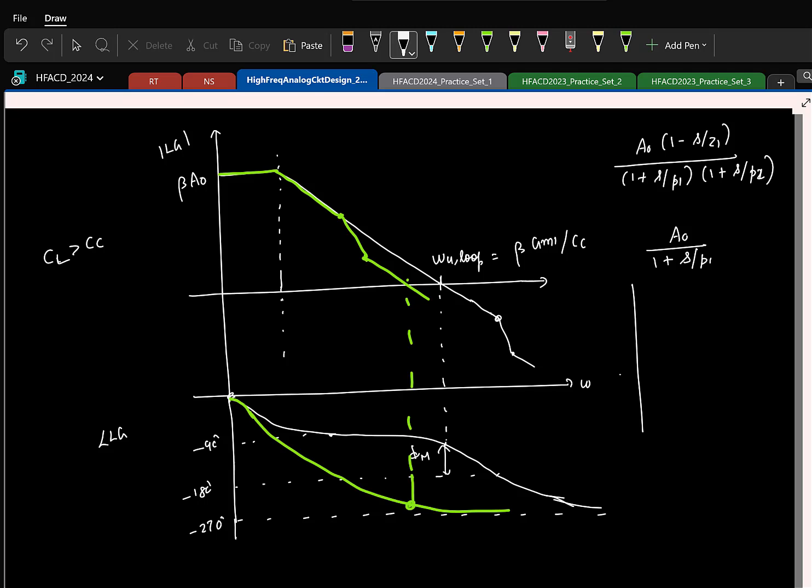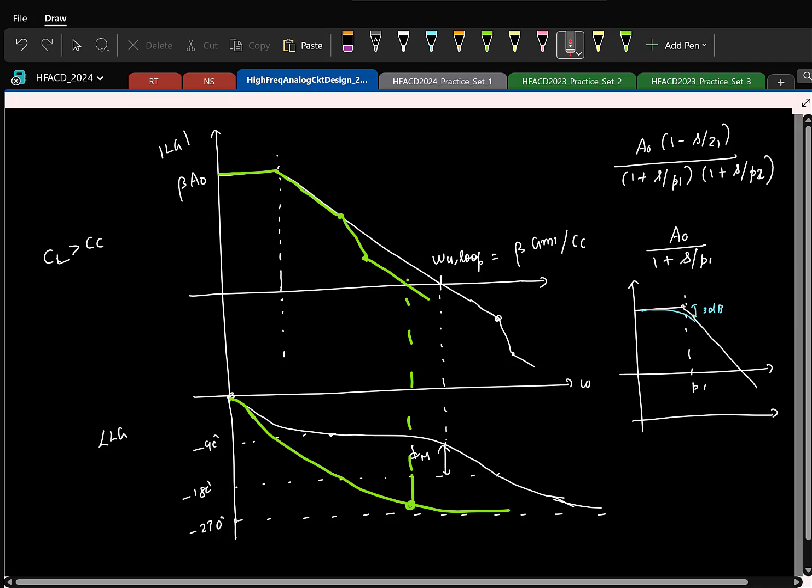If I sketch the magnitude plot for this, in the Bode approximation, we'll have this and then do this. Right? I mean, if you sketch the actual frequency response, we'll have a 3 dB drop around the pole frequency, right? And if I sketch the phase plot, how will the phase look? What will be the phase value at the pole frequency?